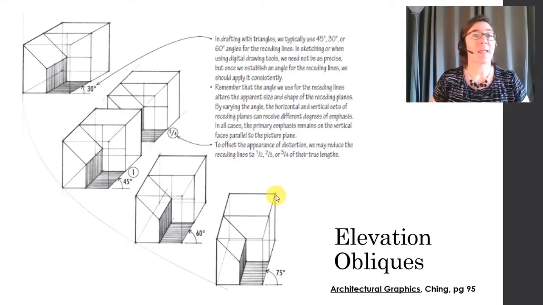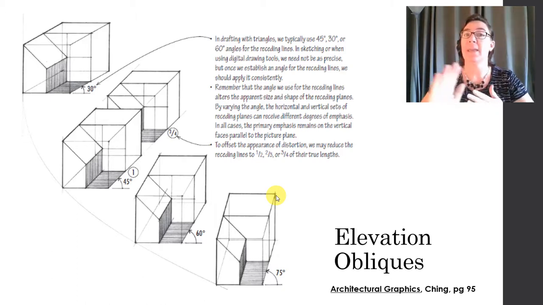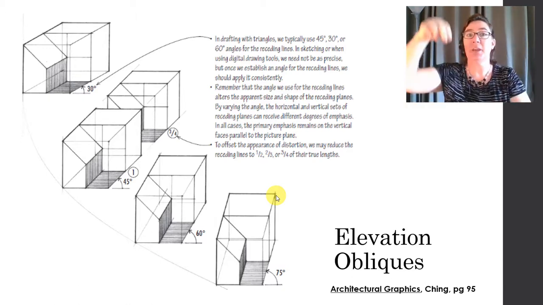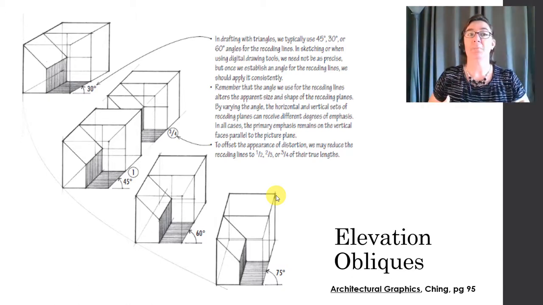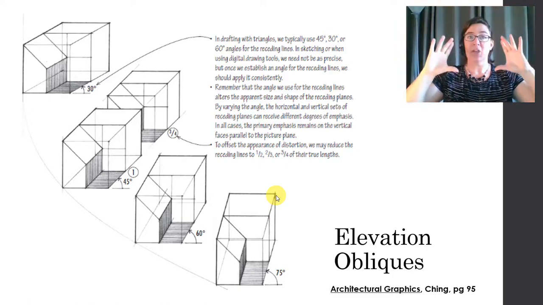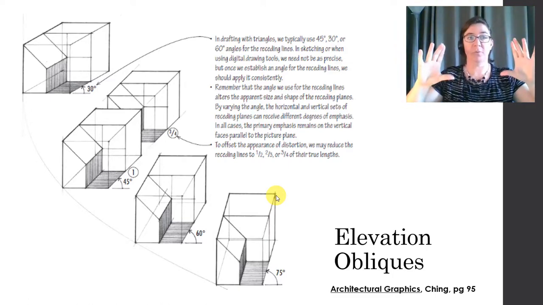So angles and foreshortening. In elevation obliques, we can also choose the angle at which we project those receding lines. In the plan oblique, we chose the angle at which the plan was sitting on our page and then projected vertically. In elevation obliques, your elevation is going to be true vertical.